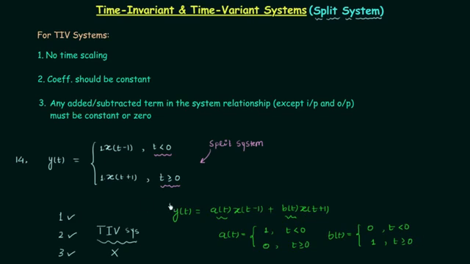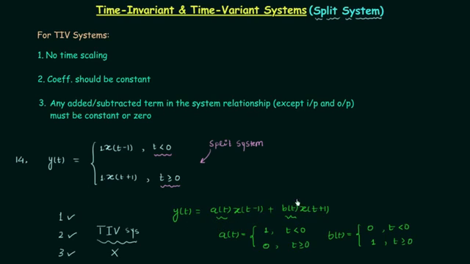If you compare the two system relationships, you will find they are the same. When t is less than 0, y(t) is equal to x(t minus 1), and in this relationship, when t is less than 0, a(t) is 1 but b(t) is 0. So this part becomes 0, and we only have y(t) equal to x(t minus 1).